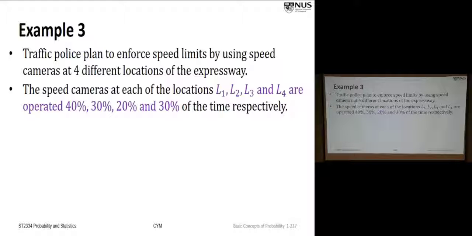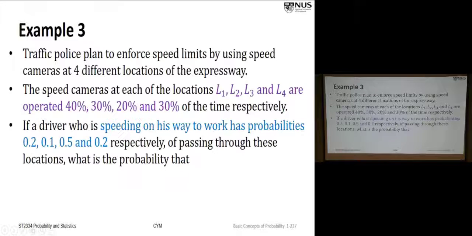But here we assume that the camera only operates a certain percentage of the time. And this guy also has speeding on his way through all these 4 locations, but with different probabilities.